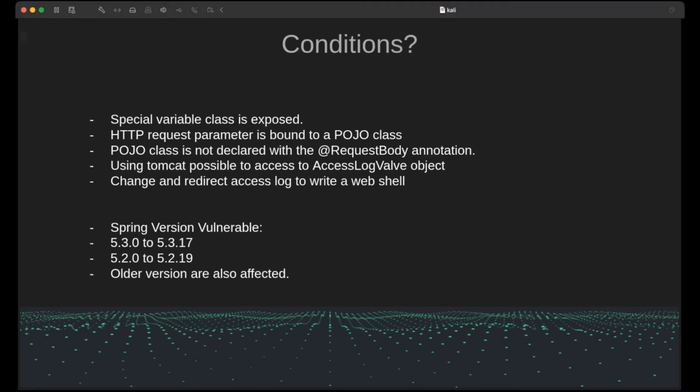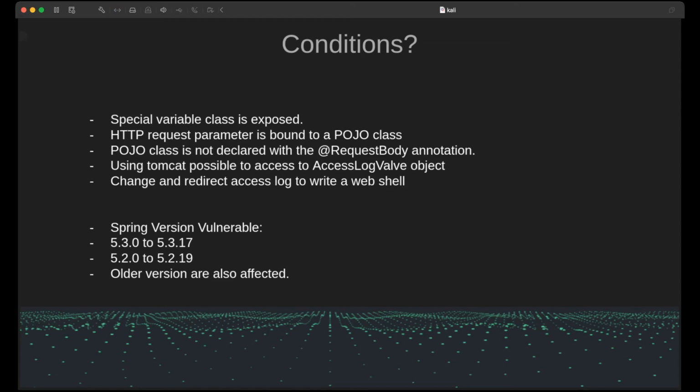So, to recap the conditions, we need exposed special variables. We need a POJO class, and these HTTP parameters should be bound to this POJO class. We said also the POJO class should not have the request body annotation, so we can inject any kind of data that we want in the request body. We said also the Spring framework uses Tomcat to deploy Java web applications. Using Tomcat and the class loader, we can access and overwrite the log through the AccessLogValve class.